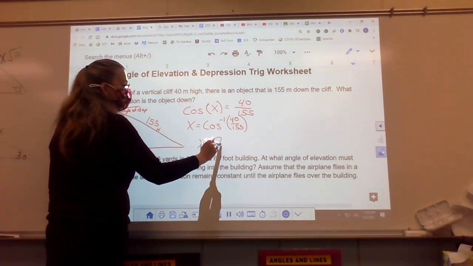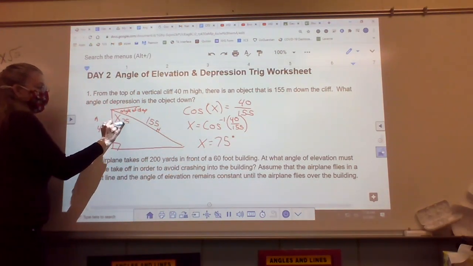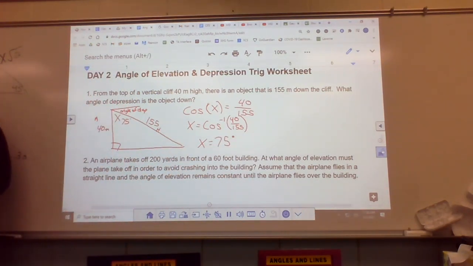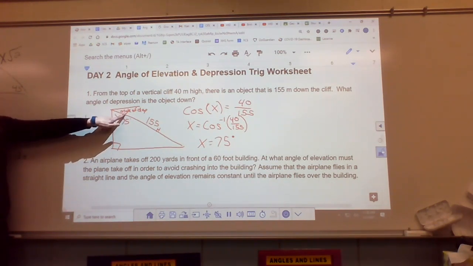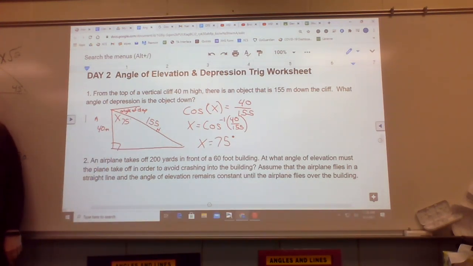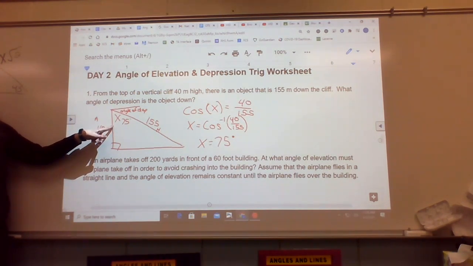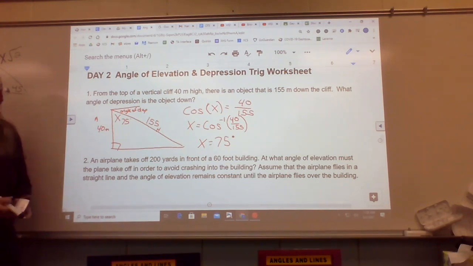So the angle inside the triangle is 75 degrees. So that's this guy. But that's not my angle of depression. My angle of depression is the one outside. So this is 75. How big is my angle of depression that's outside the triangle? Remember, this whole corner is how big? 15. It'll be 15.